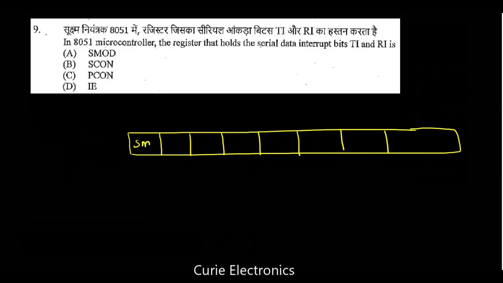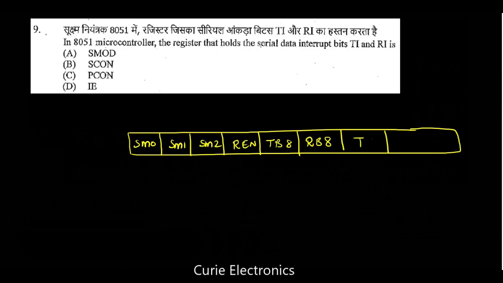So SM0, SM1, SM2 are for the different modes of communication. Then receive enable, REN, TB8, RB8, whether it is 8-bit or 9-bit data.